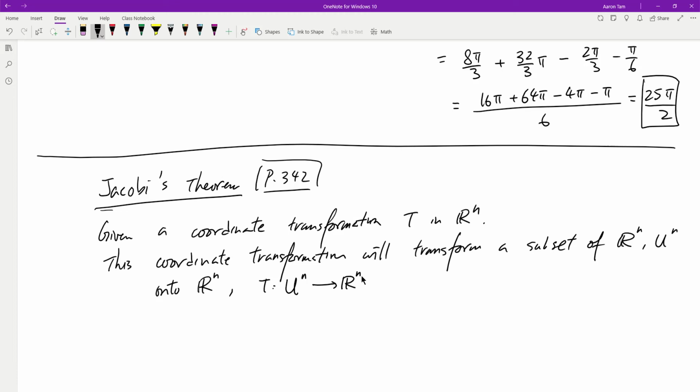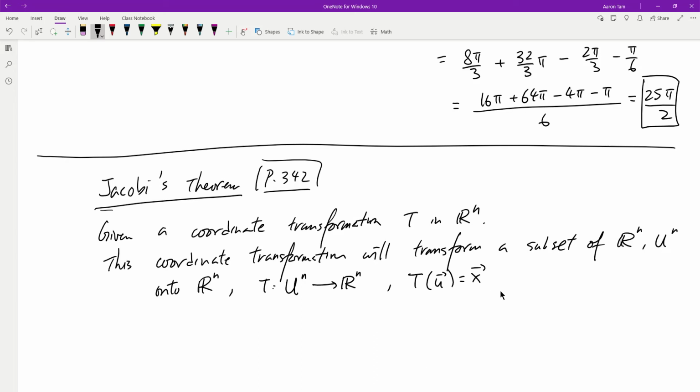And we're assuming that this coordinate transformation is one-to-one, has an inverse, and maps onto pretty much the entire Rn, maybe with a few exceptions. We're going to define this function as T of vector u equals vector x. So the input is the vector u, and the output is the vector x in the Rn coordinate system.